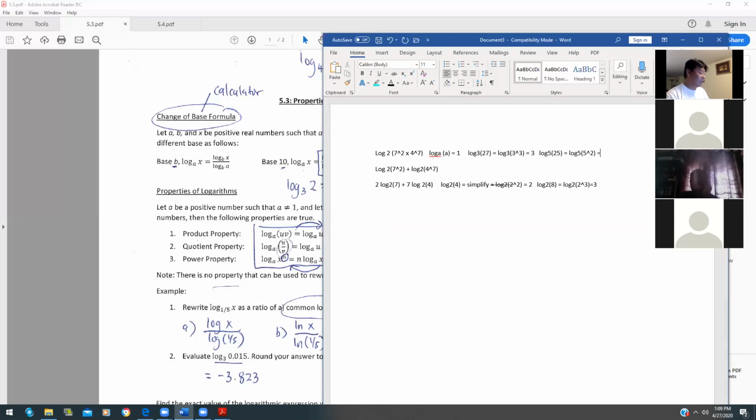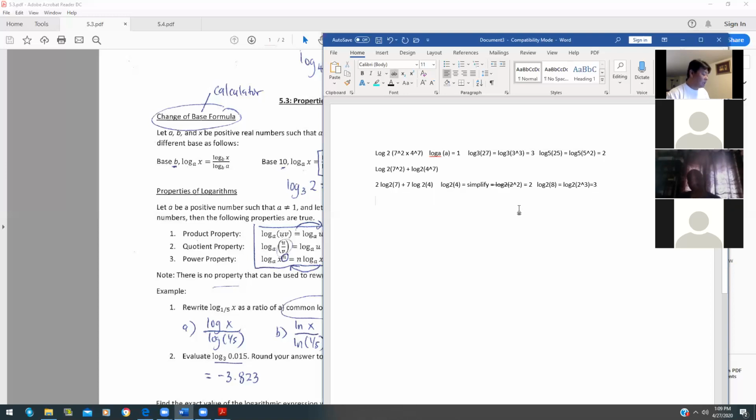So your answer in this case is just 2. So make sure you know that if the base is 3 and your argument is 27, then you can change that. That's why log 2 7 is no good, because 7 you cannot change to base 2.